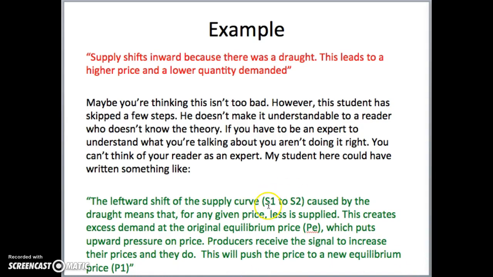If you've noticed, it refers to the diagram S1 to S2 and PE and P1, and it explains why this is the case and doesn't just presume the examiner knows why. So pause and have a read through this yourself and see the difference between the first explanation and the second explanation. This is really important to do step by step.